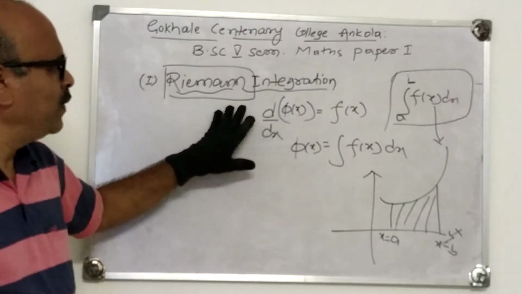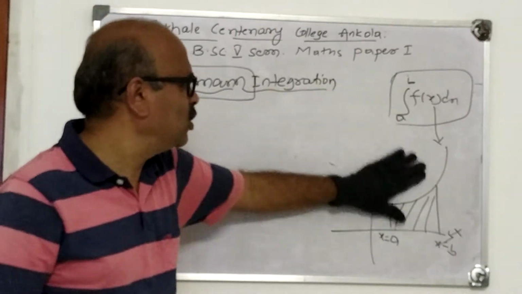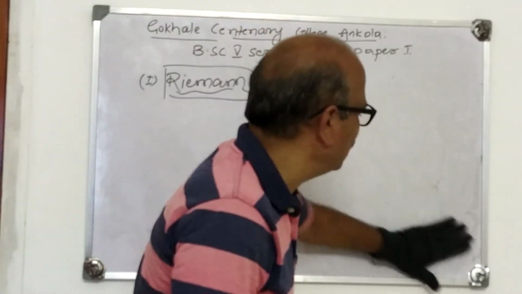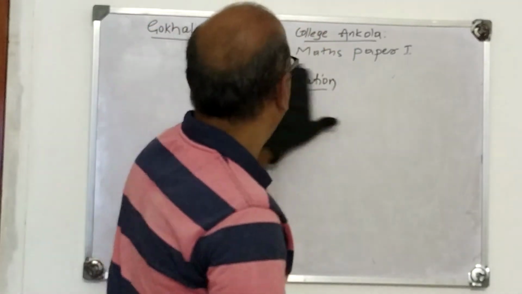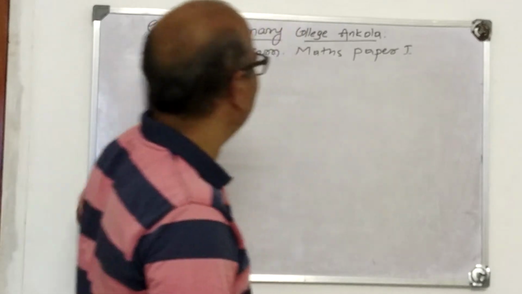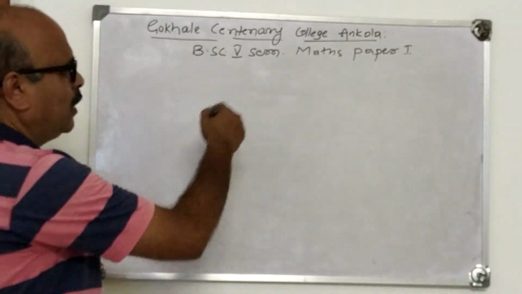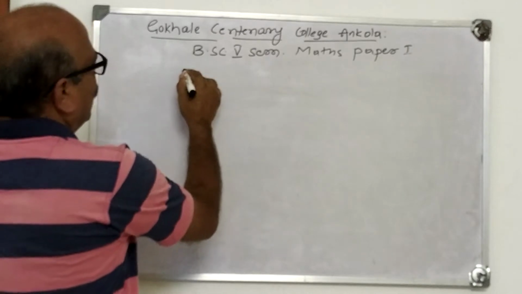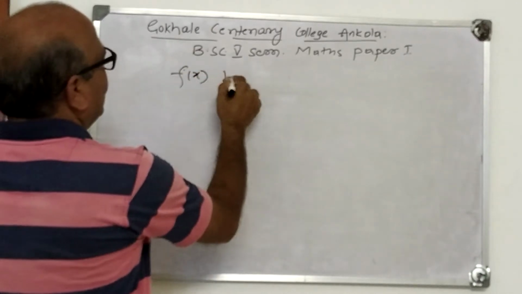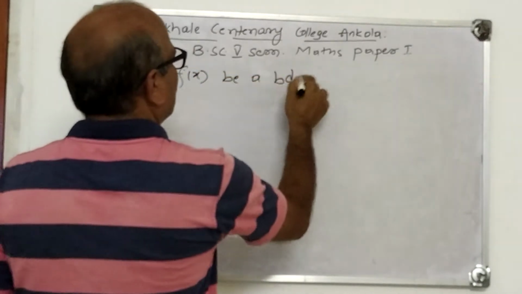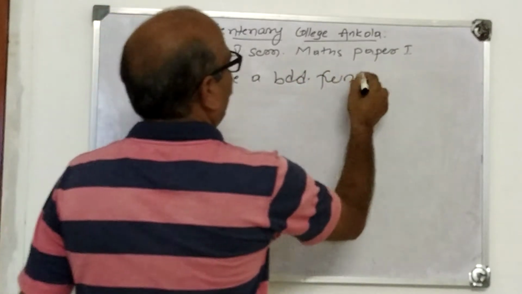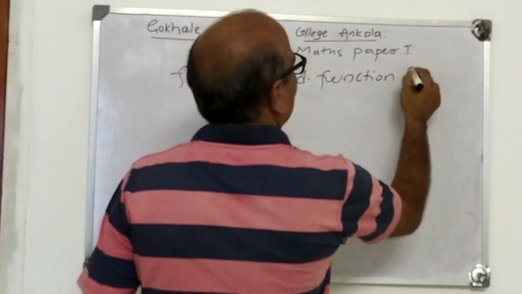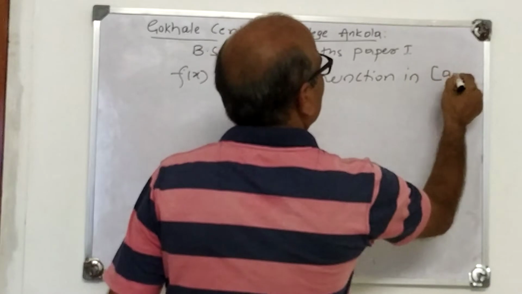Now to define what is Riemann integration, we start with this. I explain the definition of Riemann integration. For that it requires some basic ideas. First thing is, suppose f(x) be a bounded function in the closed interval [a, b].